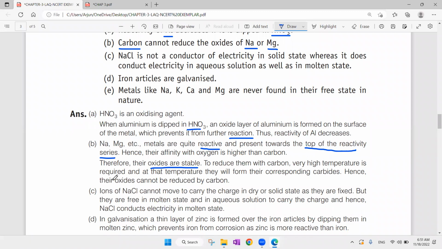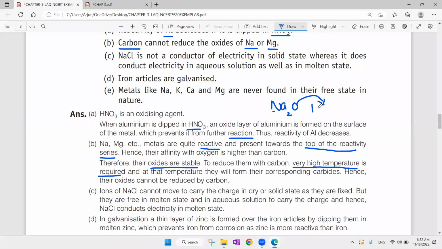For example, you have Na2O, sodium oxide, highly reactive. It is not at all possible to remove oxygen from sodium. Very high temperature is required, and at that temperature they would form their corresponding carbonates, and hence the oxides cannot be reduced by carbon.